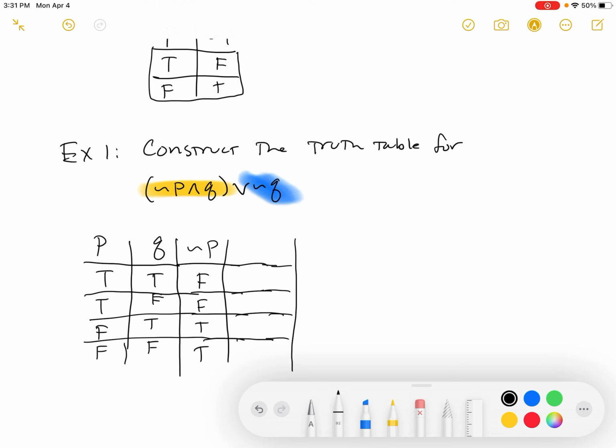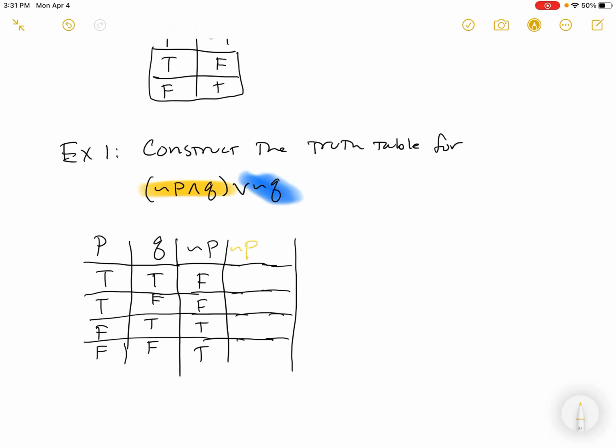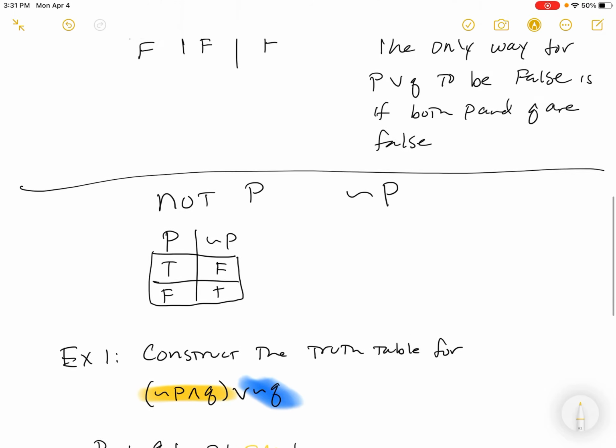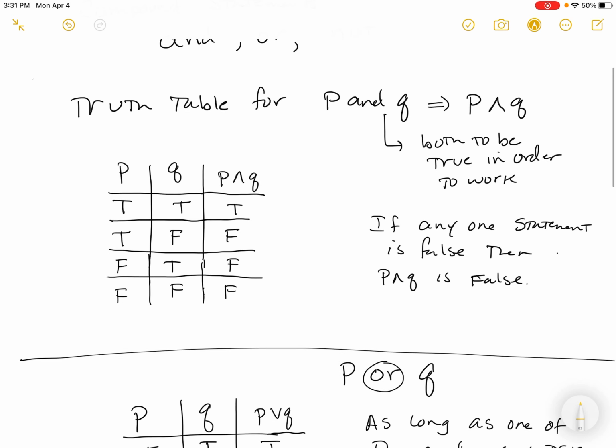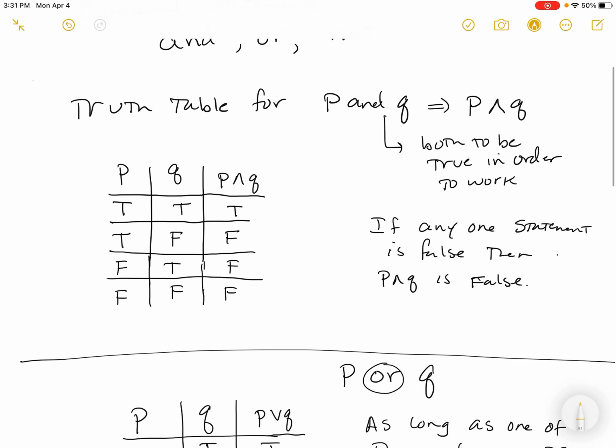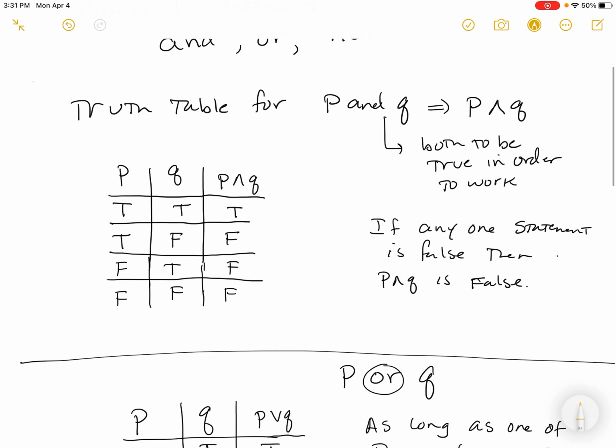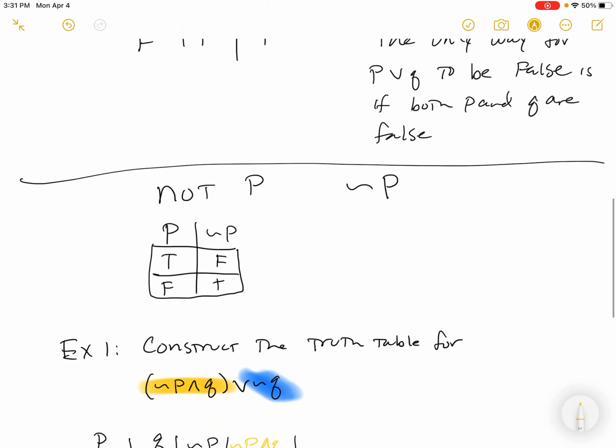Apologize. We're going to do not P and Q. So remember about the and. In the and, they both need to be true in order for it to be true.